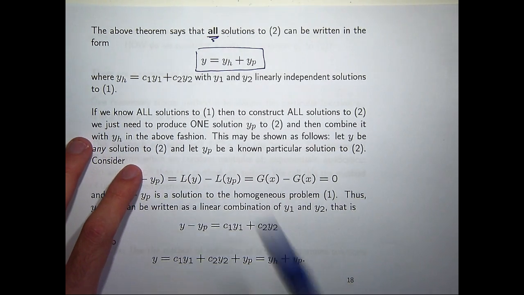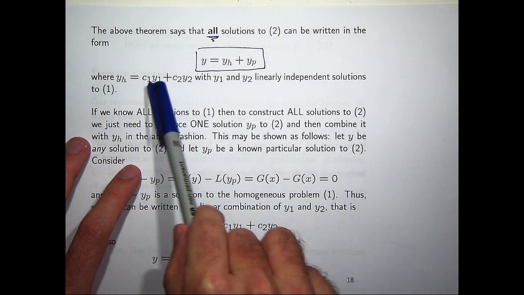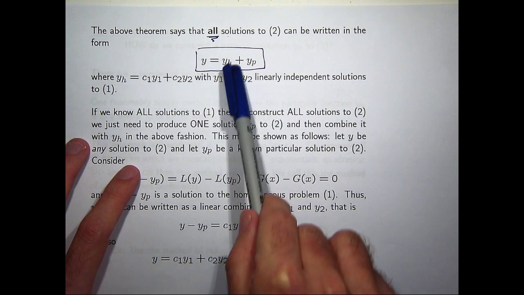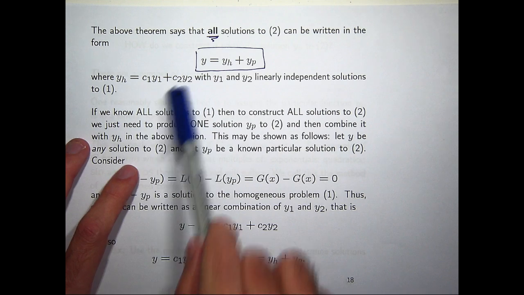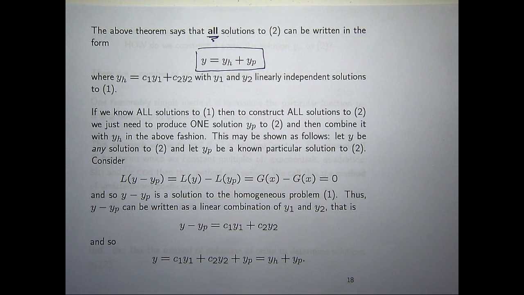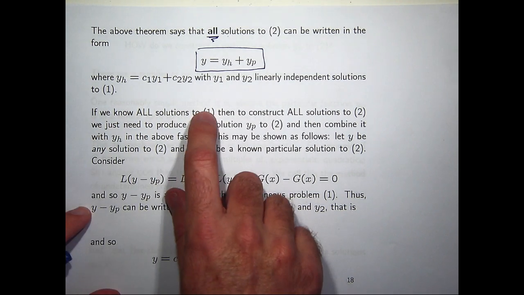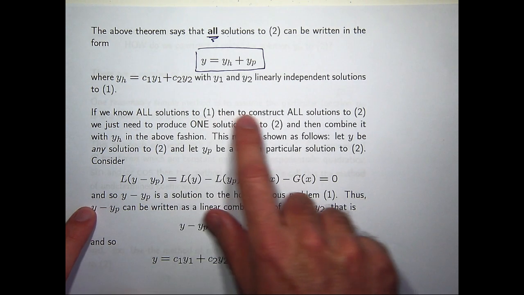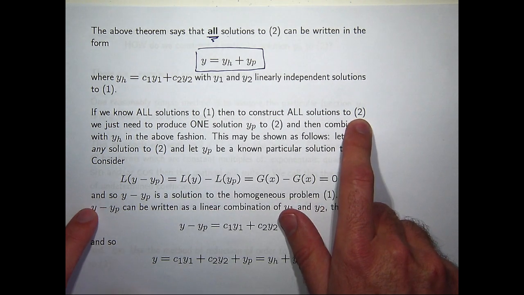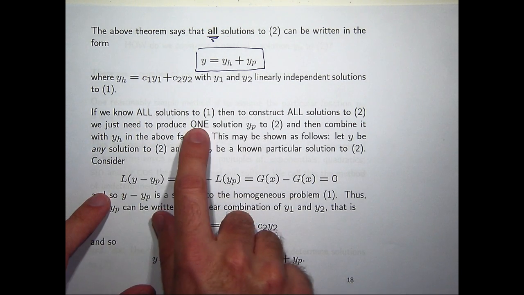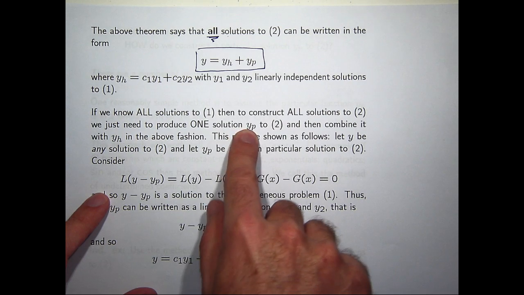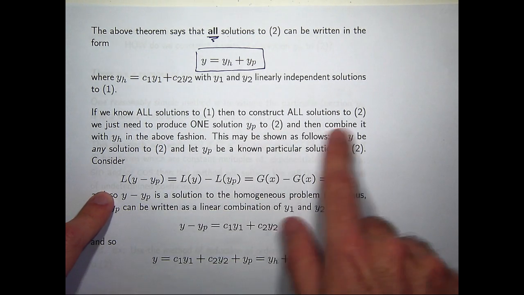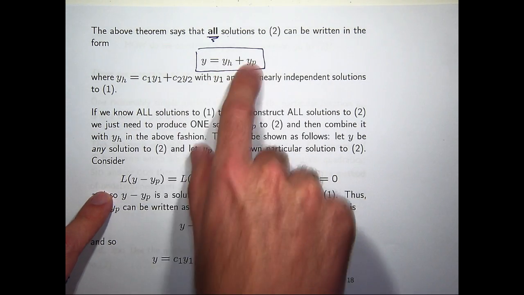Now, we know from the previous lecture that every solution to the homogeneous problem, y sub h, can be written as a linear combination of two linearly independent solutions, y sub 1 and y sub 2, and c1 and c2 are constants. Now, if we know all solutions to the homogeneous problem, then to construct all solutions to the non-homogeneous problem, all you have to do is produce one solution, y sub p, one particular solution to the more general problem, and then combine it with y sub h just by adding.